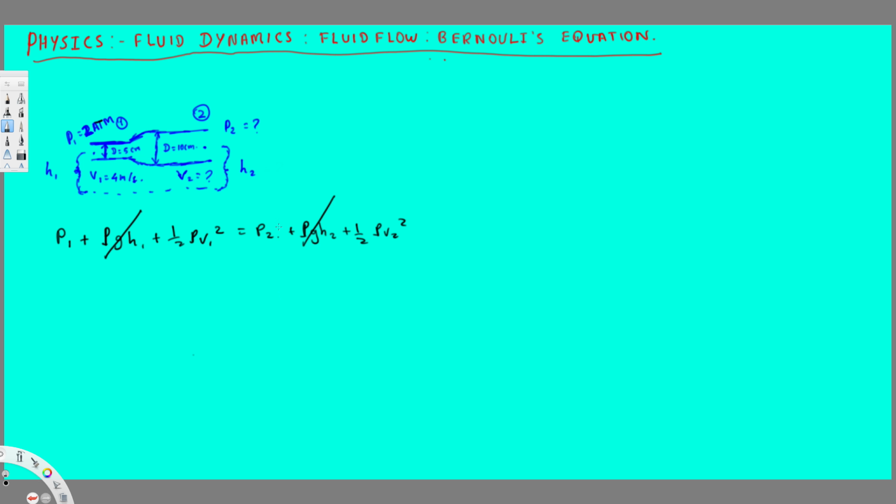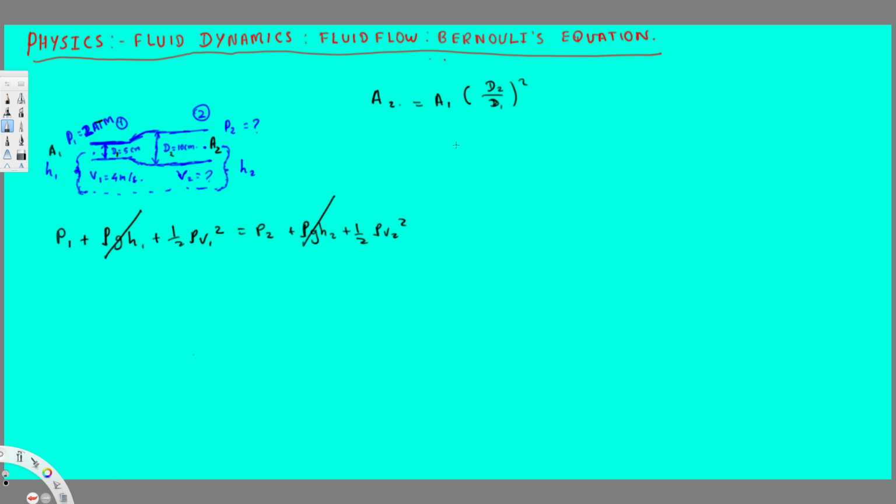Our purpose is to find P2, but before that we have to know V2. So let's see. Let's say this is D1 and this is D2. If this is area 2 and this is area 1, area 2 is going to be equal to area 1 times diameter 2 divided by diameter 1, squared.